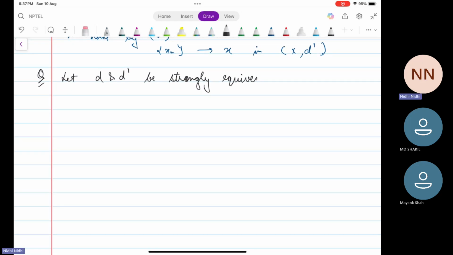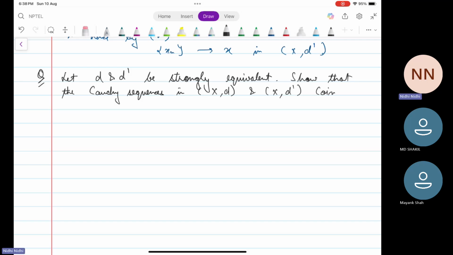Now let D and D prime be strongly equivalent. Show that the Cauchy sequences in (X, D) and (X, D') coincide.